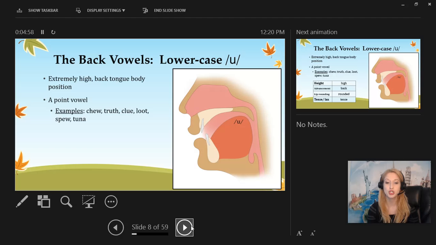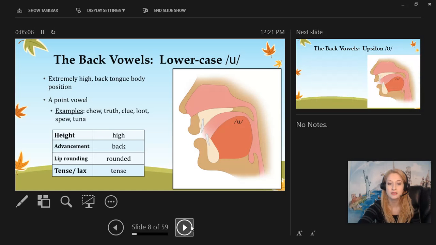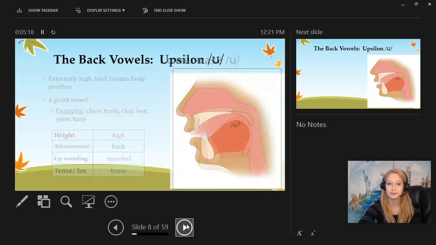Chew, truth, clue, loot, spew, tuna. The tongue height is high, back, rounded, see how my lips are rounded, and tense.